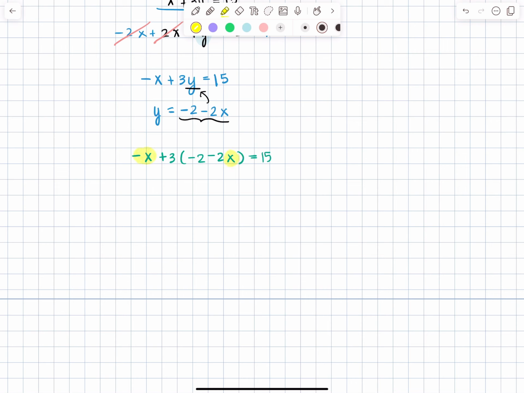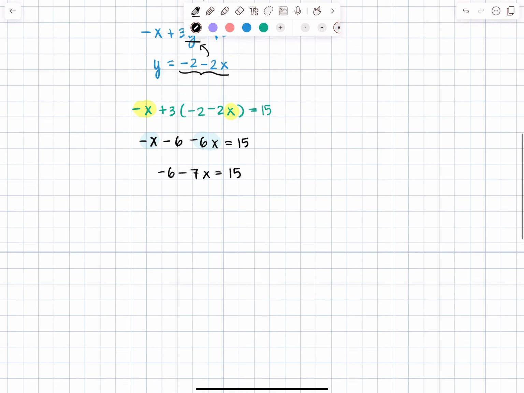So first we're going to distribute, so negative x plus negative 6 minus 6x equals 15. Combine like terms again, so we have a negative x and negative 6x. So that is negative 7x, so negative 6 minus 7x equals 15.